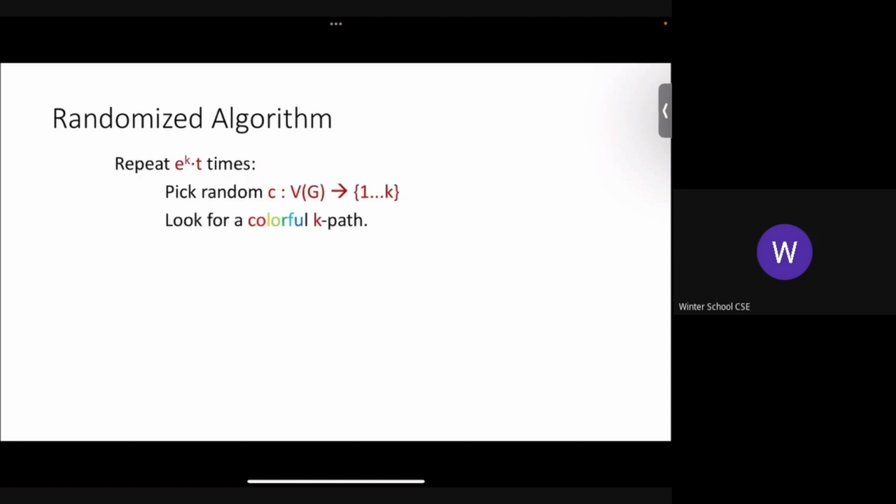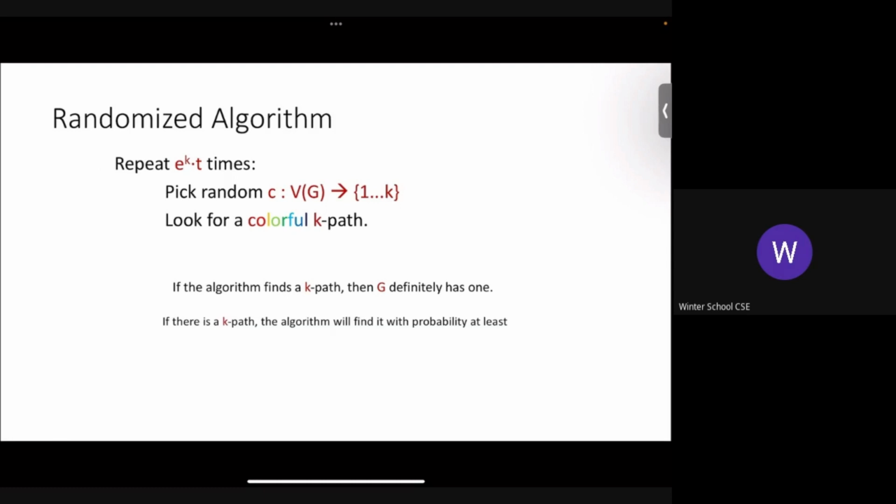And then I just repeat my algorithm exponentially many times, like e to the power k times t times. Every time I pick a random function and look for a colorful path. If I find such a colorful k-path, then of course my graph has a path of length k. What happens if I do not find one?